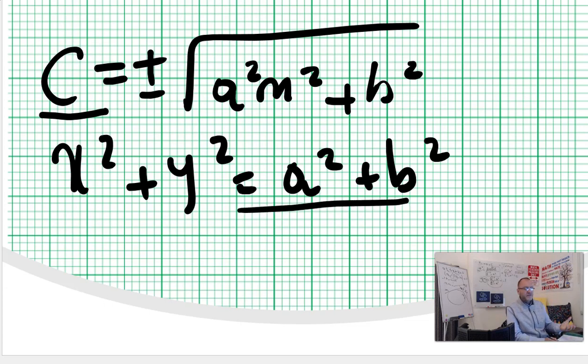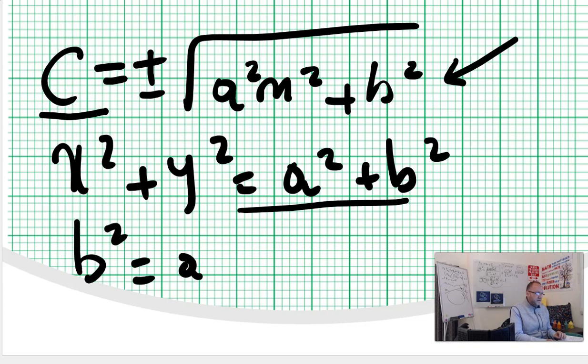Otherwise, you don't need to memorize it, but you need to understand that it's formed by those tangents that are perpendicular, the collection of the intersection points where the tangents are perpendicular. And in order for a tangent to be a tangent to an ellipse, it has to fulfill this condition. Remember it as the radical of A squared M squared plus B squared, of course. And then in the beginning, we only did this, remember?